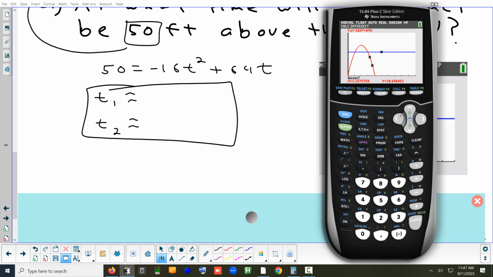If you put it right about there, it's going to give you the one to the right. We'll do it again on the left. So hit enter, and on the way back down, after about 2.94 seconds, the rocket will be coming back down, and it'll be at a height of 50 feet.